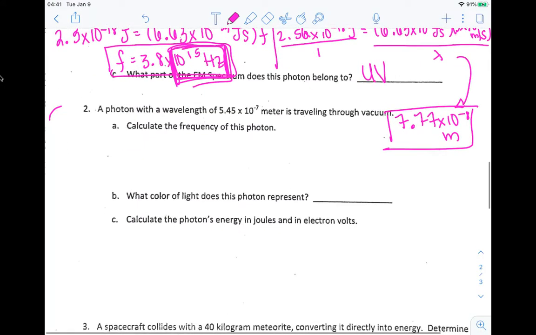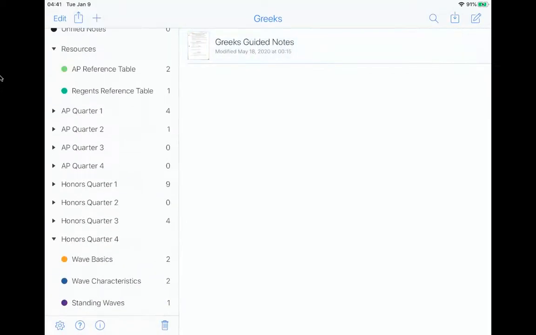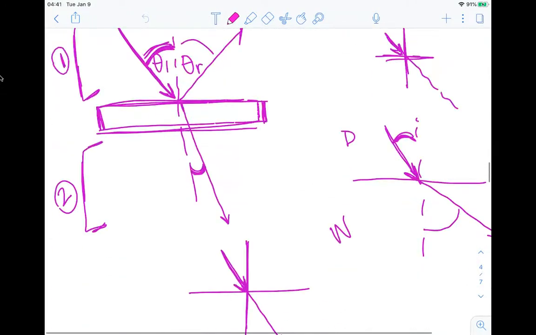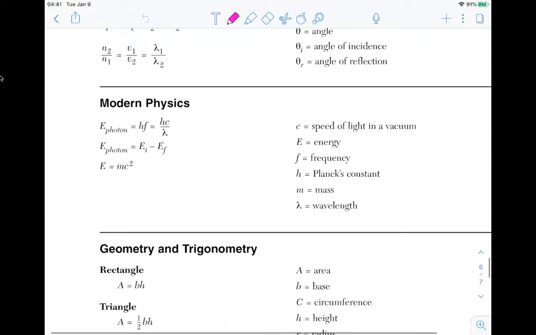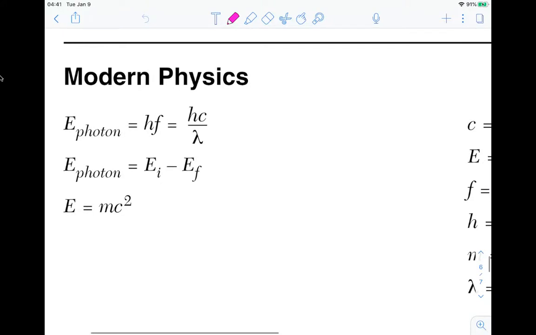For number 2, a photon with a wavelength of 5.45 times 10 to the negative 7 meters is traveling through a vacuum. Calculate the frequency of this photon. Well, we are looking for frequency, and they give us wavelength. If we look at the equation for modern physics, you are given meters, so you're given wavelength, so you need this part of your equation.